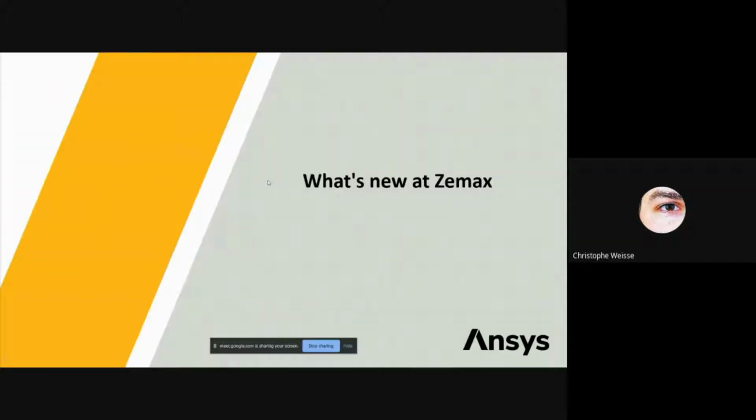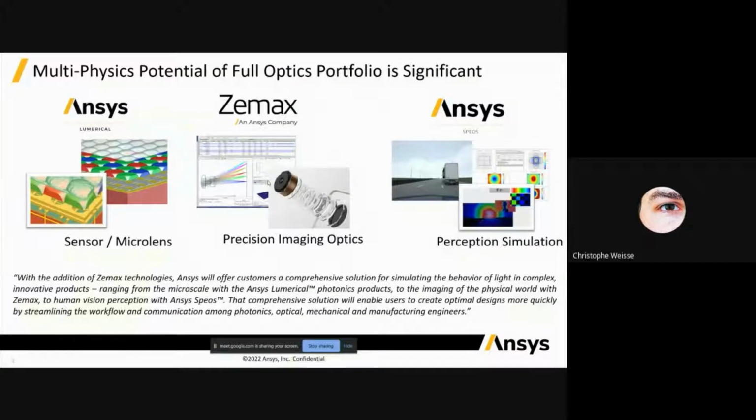So what's new at Zemax? Let's start there. As you all know now, Zemax has been part of ANSYS for about a year now. And this means that there is really a potential to use different products to expand the kind of systems and designs you can tackle with ANSYS products.